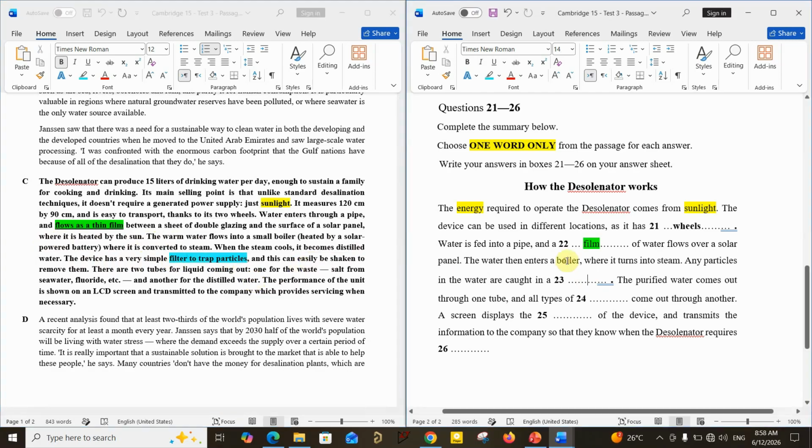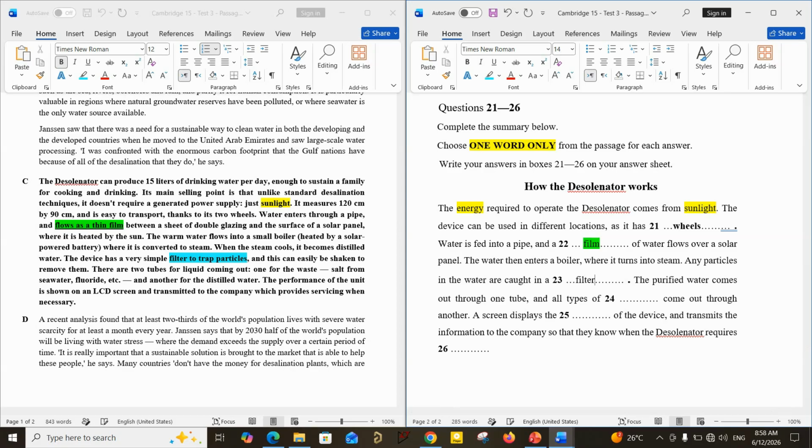Any particles in the water are caught in a what? What is the noun here? It is filter. Caught in a filter. That's easy. The purified water comes out through one tube, and all types of what come out through another.